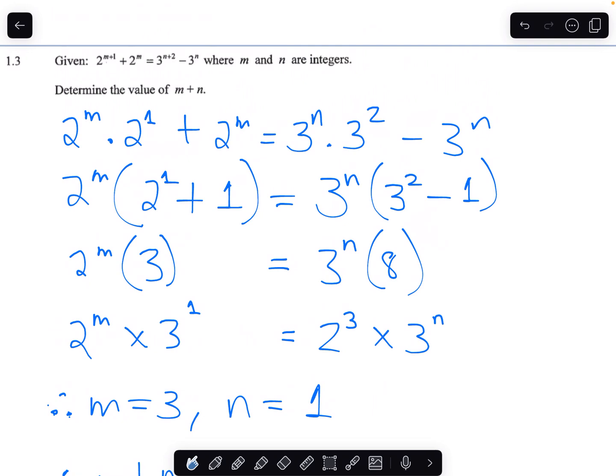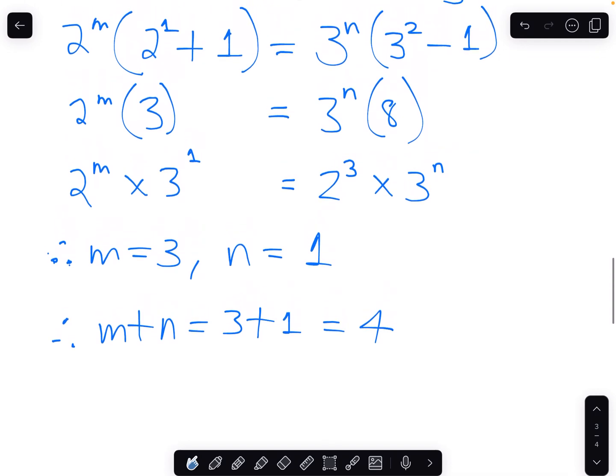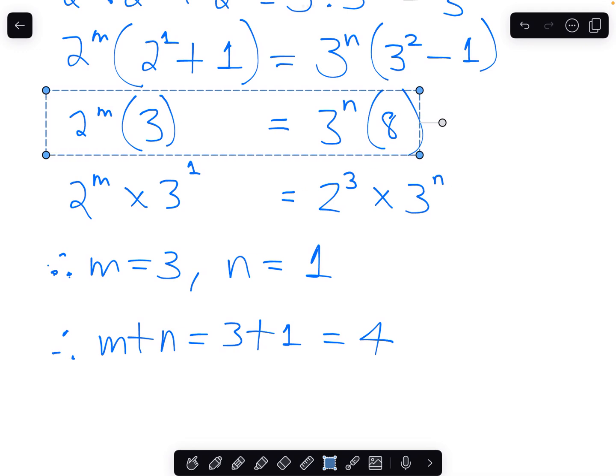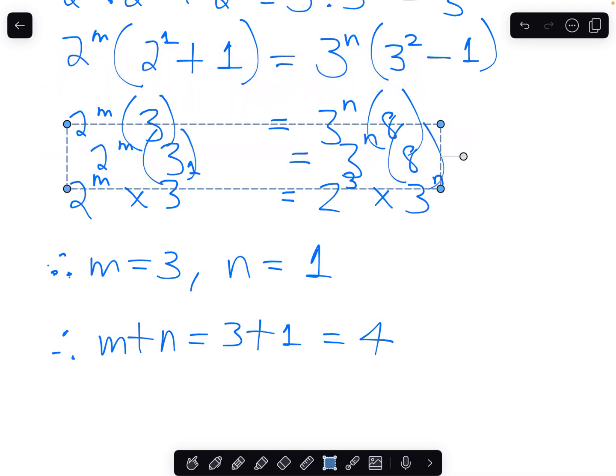The second approach, oh, interesting. Okay, so for the second approach, I'll just carry on from here.